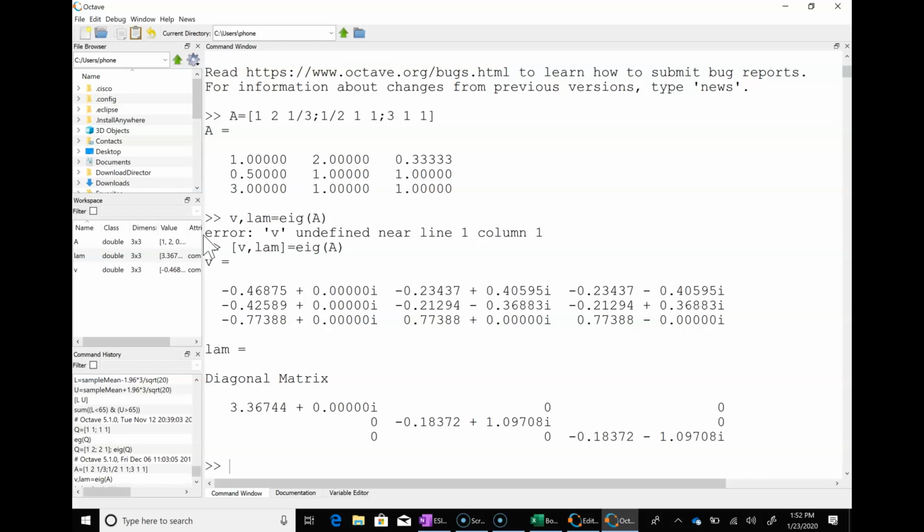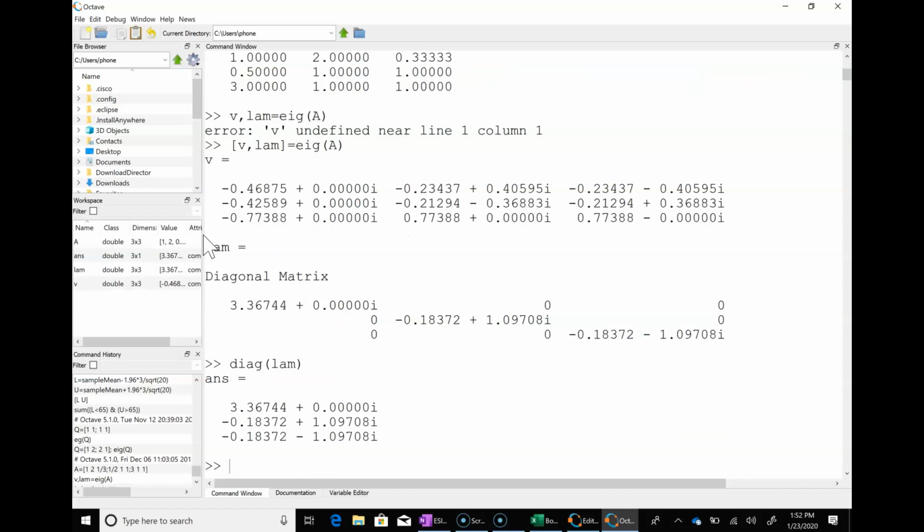So I'm going to focus in on these lambdas. Okay, so we're going to pull them out. And they're the diagonal elements of the lambdas. So this first one is a whole number with no imaginary part. But now our next two eigenvalues are complex numbers, right? They have imaginary parts.